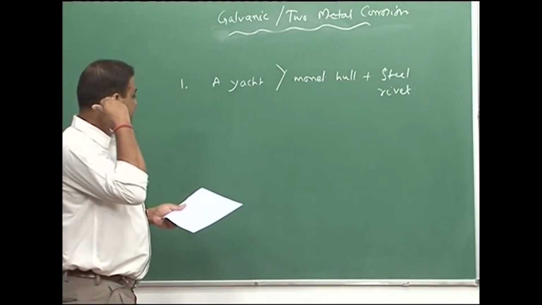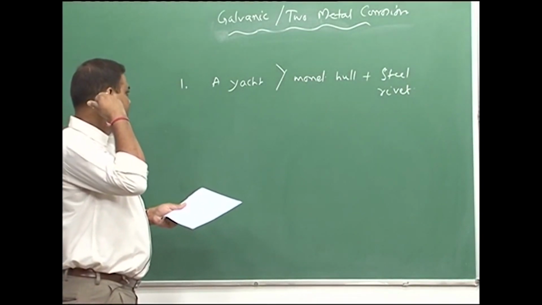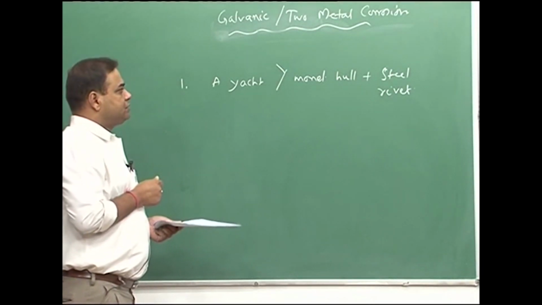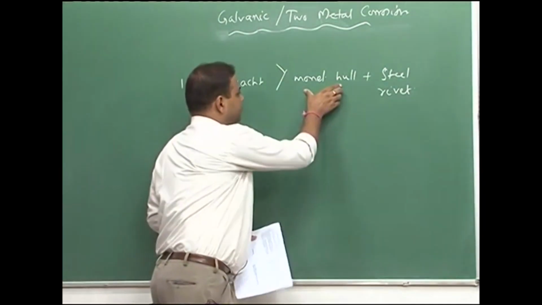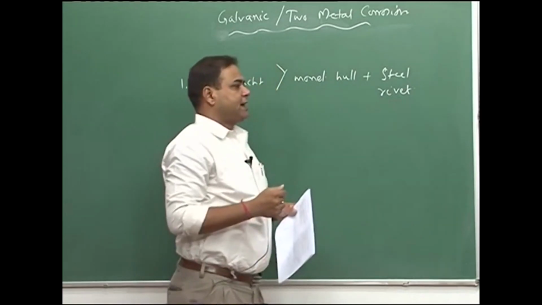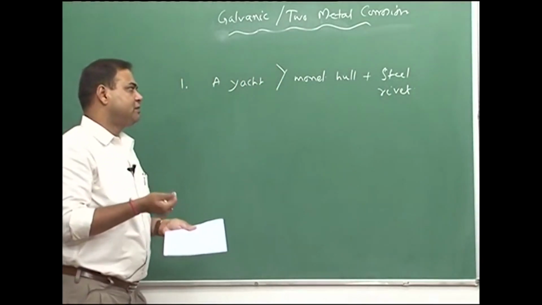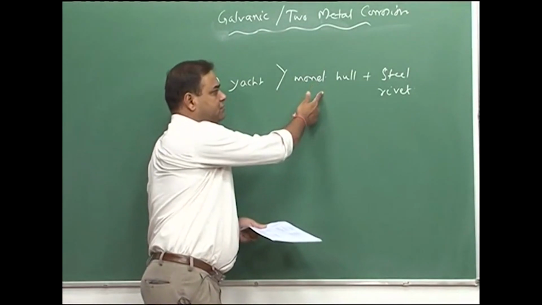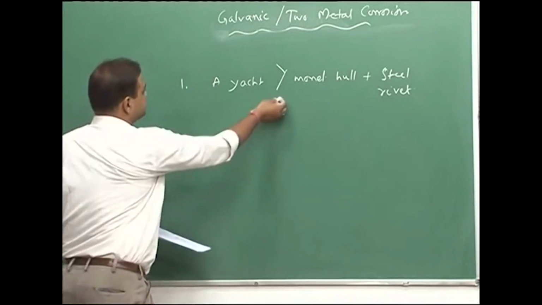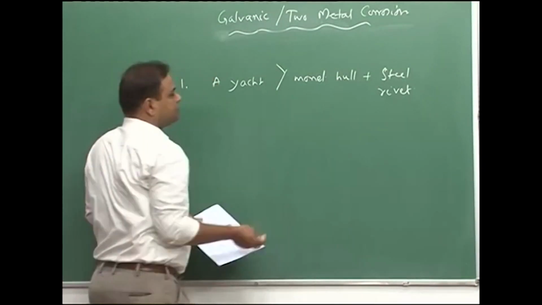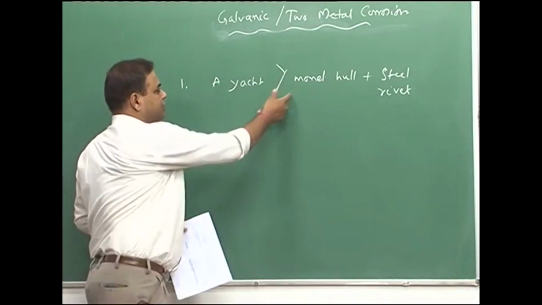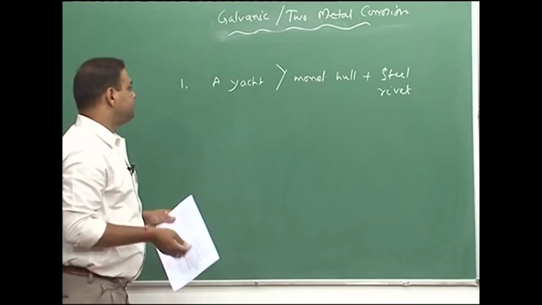If you have a monel hull and steel rivet, the monel hull can lose its structure and cannot operate for a longer period, since the monel hull will be cathodic and the steel rivet will be anodic, and there is one particular issue that is governing there, that is the area factor. We will talk about that area factor. This is a major problem. If we have steel rivet and monel hull, then the steel rivet cannot hold, cannot give strength to the monel hull for a longer period, it will lose strength.